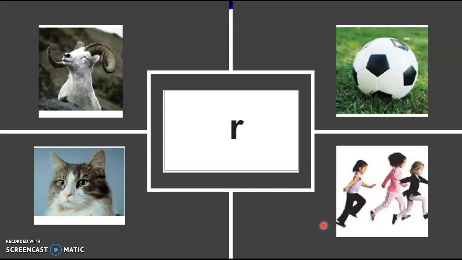Now we're looking for a word that starts with R. Is it ram, doll, cat, or children? Which one starts with R?